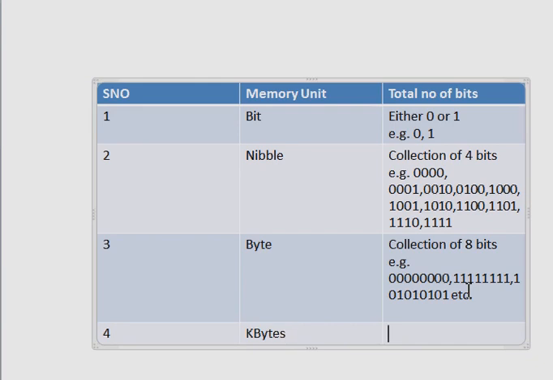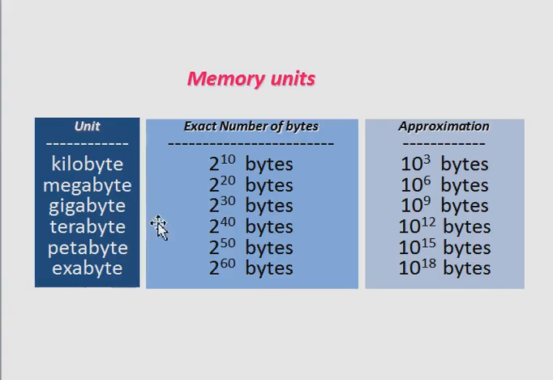Okay. Kilobytes means, you are saying, in 1 kilobyte, 1 KB, you are having 1024 bytes. See, I had said kilobyte equals 2 raised to power 10 bytes.